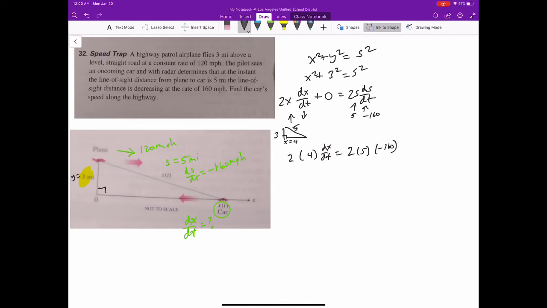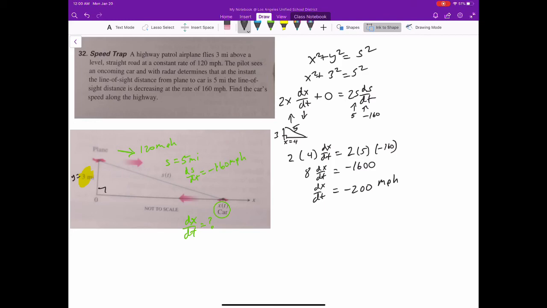So it's going to be 8 dx over dt equals 10 times negative 160, which is negative 1600. Divide both sides by 8, and dx over dt is equal to negative 200 miles per hour.